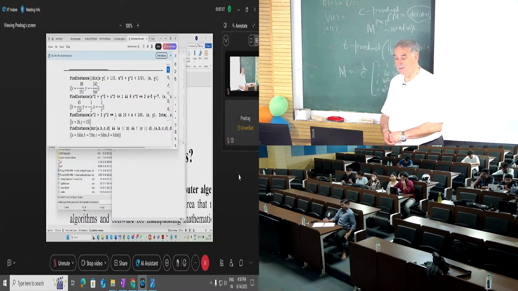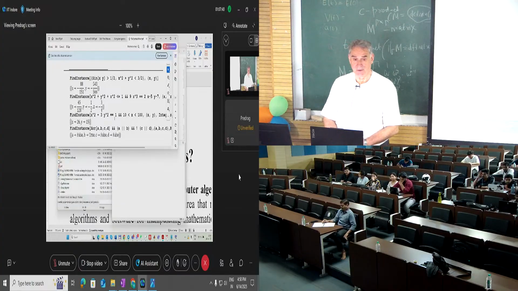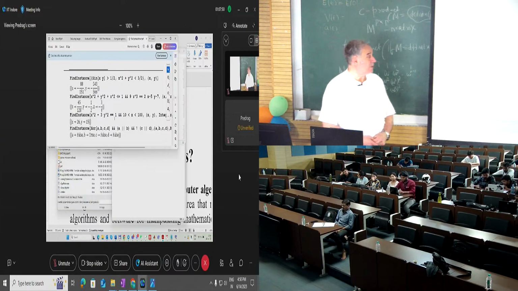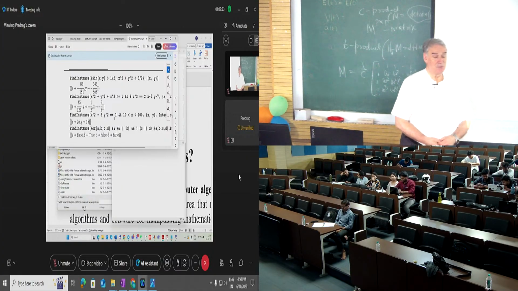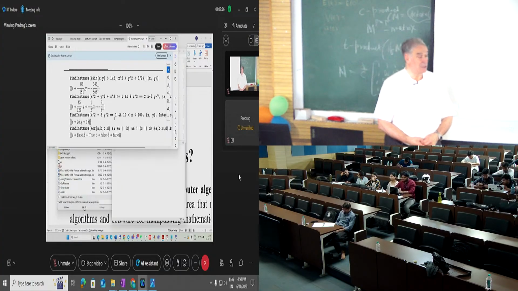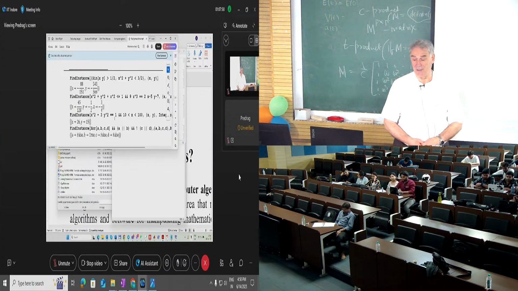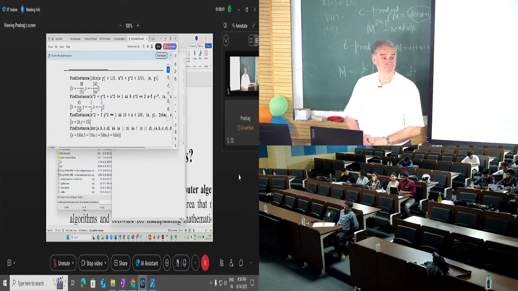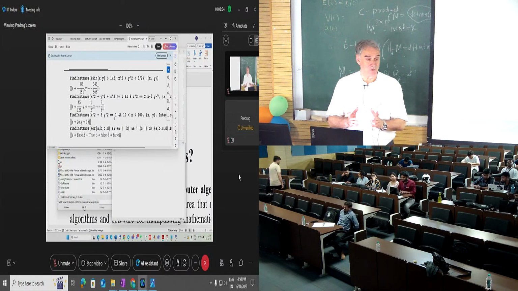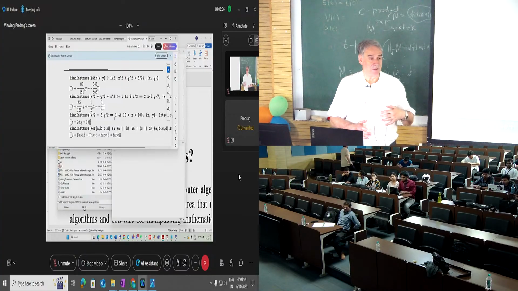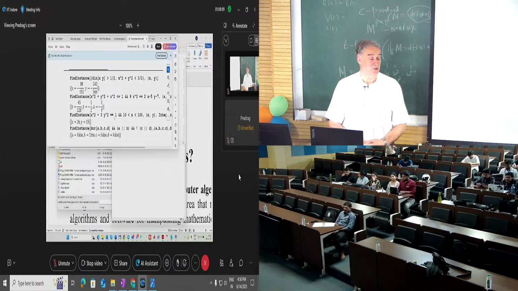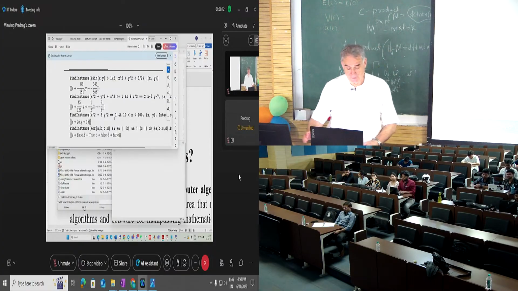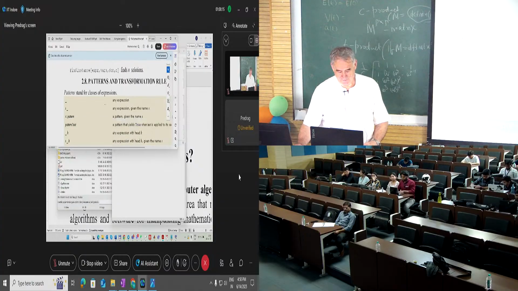In this way, we can use FindInstance to find a solution of a constrained system of linear equations. Or we can use FindInstance to find a solution of an equation when it is not easy to obtain a solution. Then we want one particular solution. FindInstance will ask for a particular solution and obtain something as a solution.